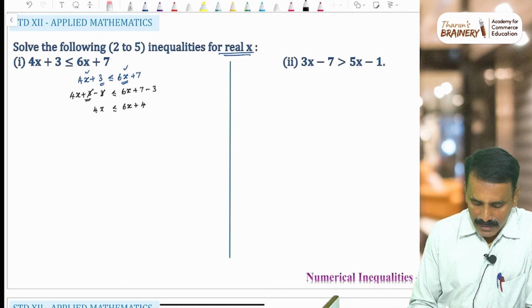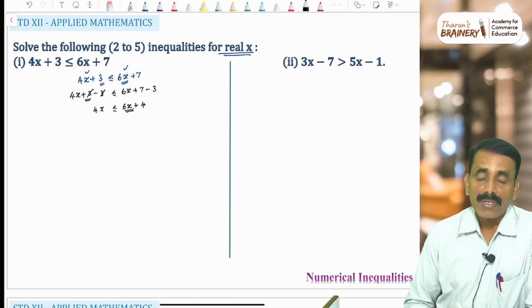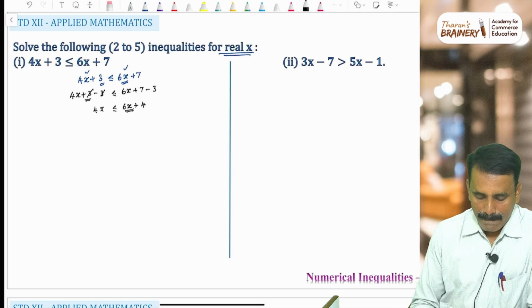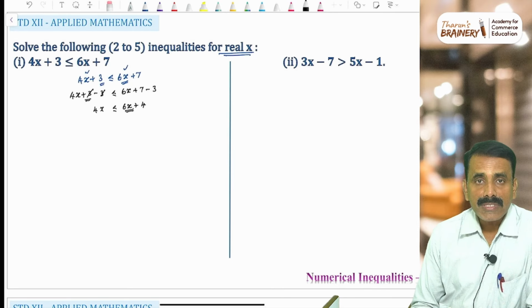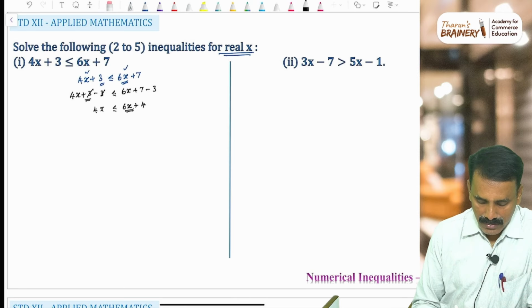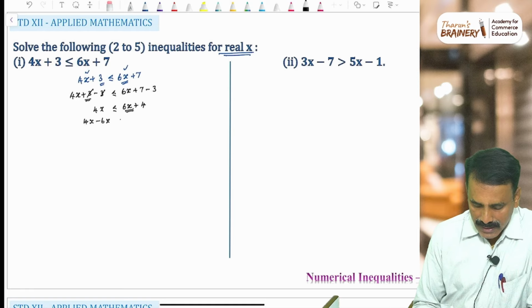Now, I want to eliminate the variable on the right hand side. So, what should I do now? I must remove this 6x. What is the additive inverse of 6x? Minus 6x. So, I add minus 6x on either side. 6x, plus 4 is also there.